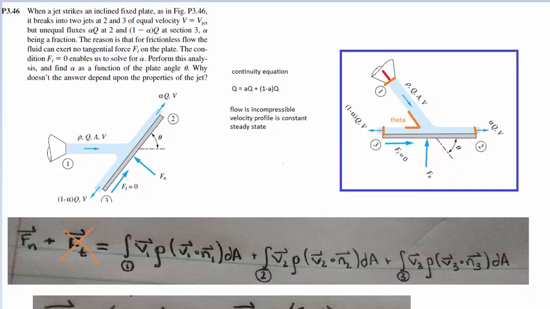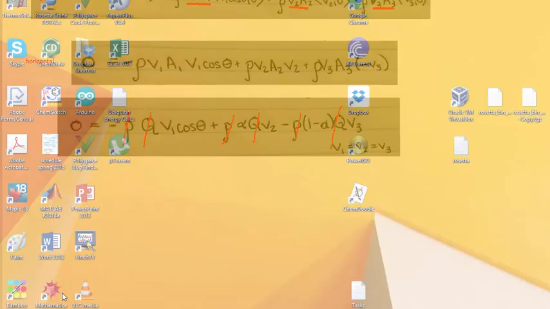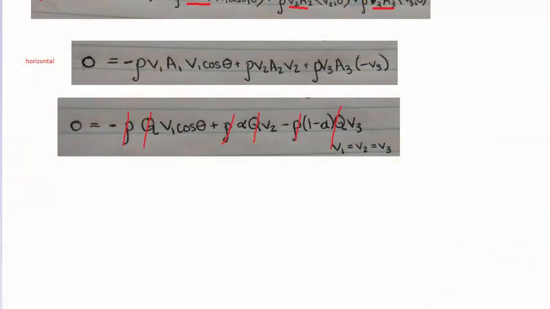But what I meant to say was that everything is going to be the form of something times Q, so these Q's are all going to cancel out. So this won't matter because there's a 0 over here, this won't matter, and this won't matter. Same thing with the rhos, all the rhos will just simply cancel out, because we could divide through by them and they're not 0.